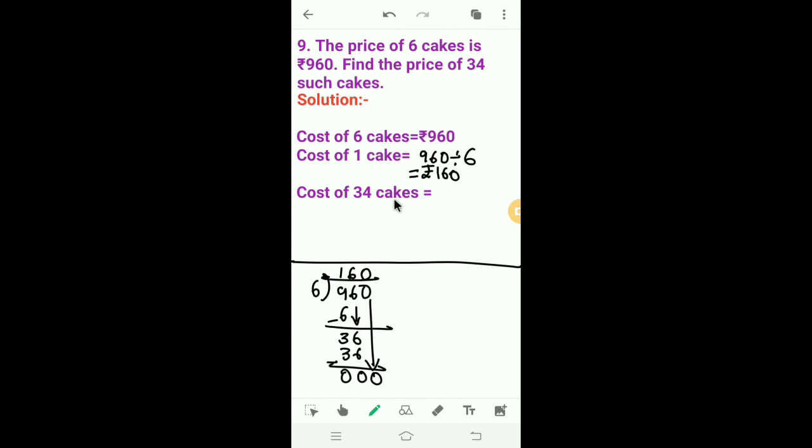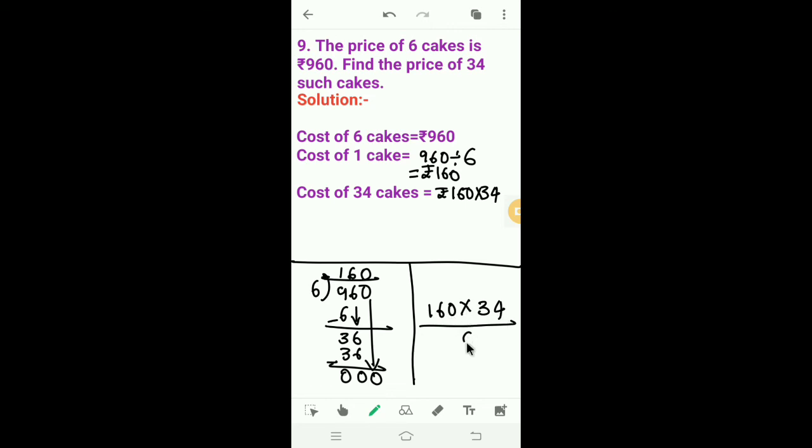We have to do multiplication. We have to multiply cost of 1 cake, that is rupees 160 by 34. Here 4 at 1's place and 3 at 10's place. So first we will multiply 160 by 4.